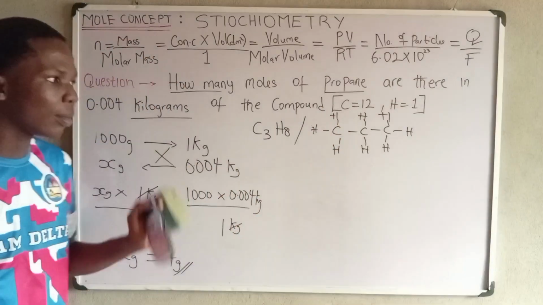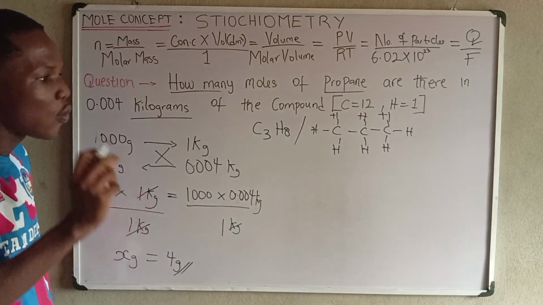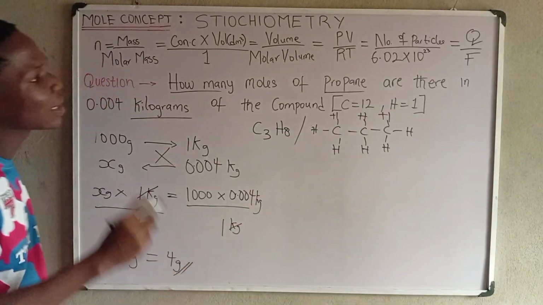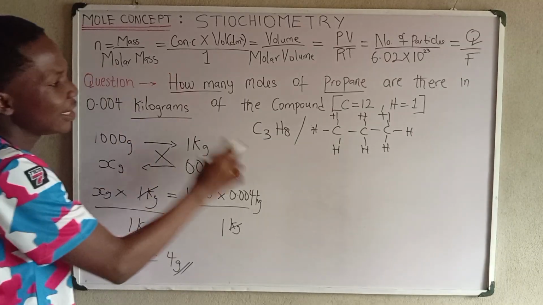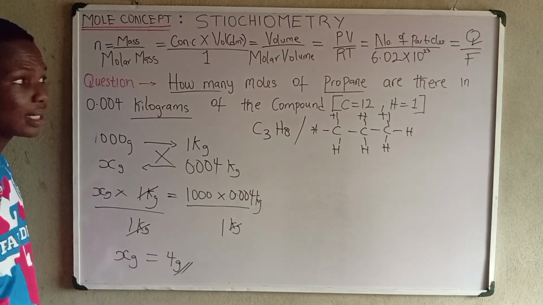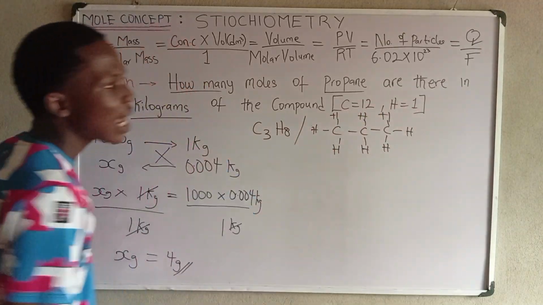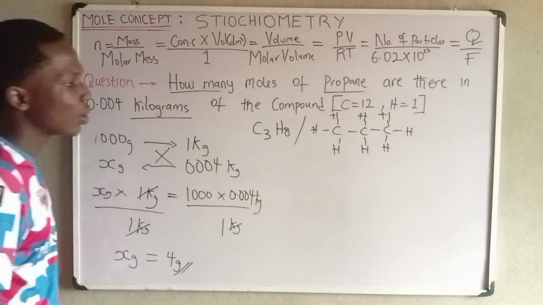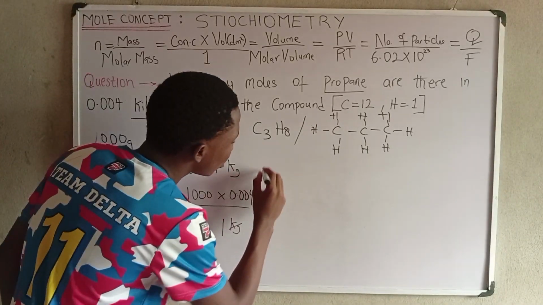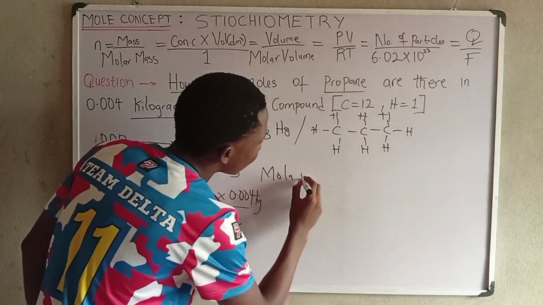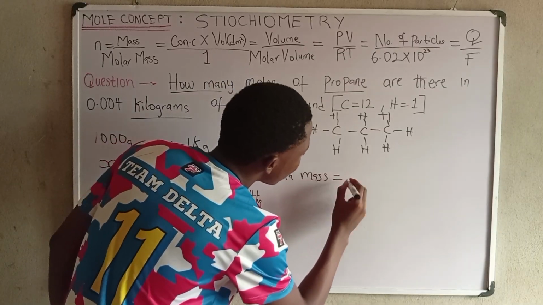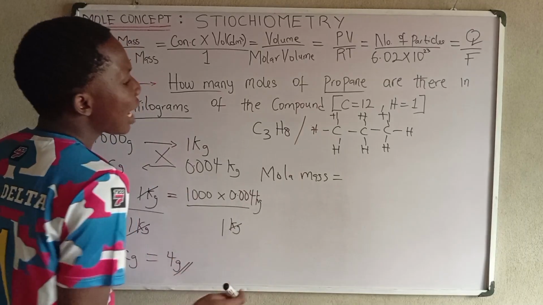Since we've gotten the formula, what else are we to calculate? We can easily calculate your molar mass if we've gotten the formula, right? Because we have the value for each element. On that note, molar mass is equal to what? Carbon is 12.